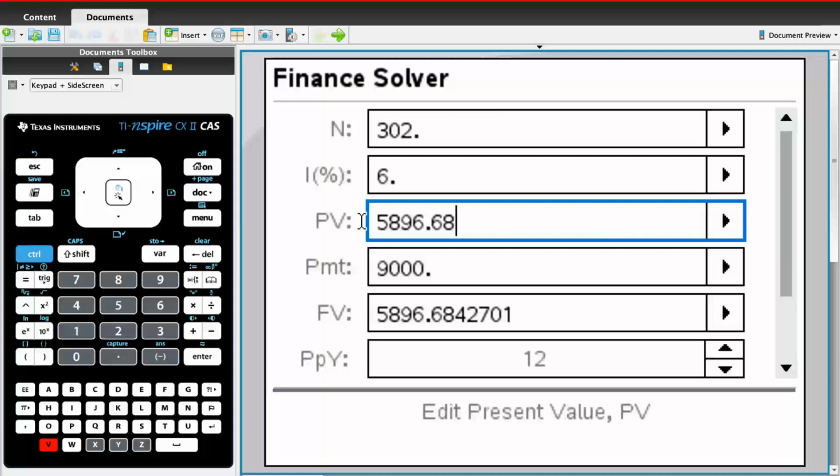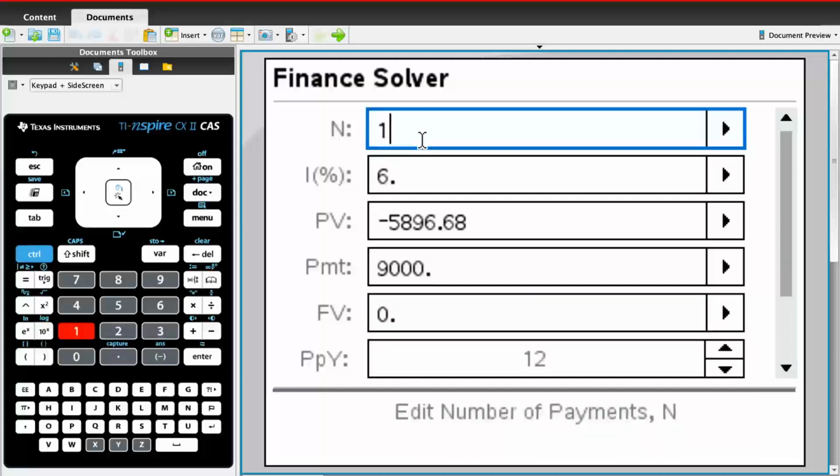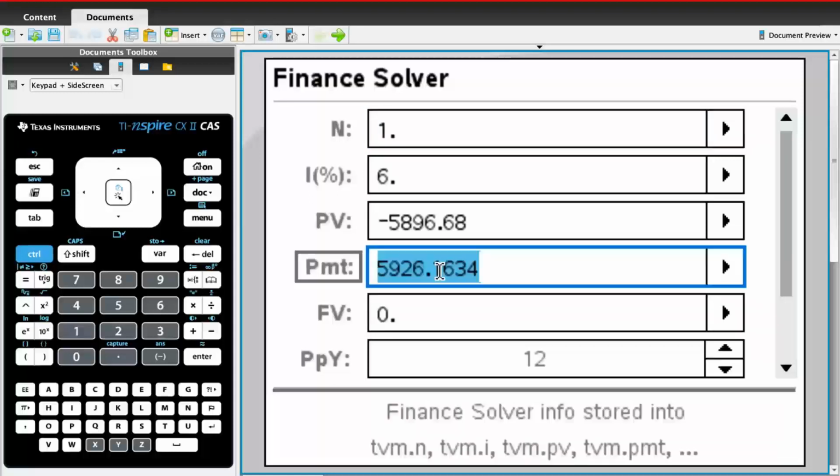That's a minus. And we truly want it to be 0. And the question is, in one payment, what will it be? And it's just a little bit more, $5,926, and that's about 16 cents.